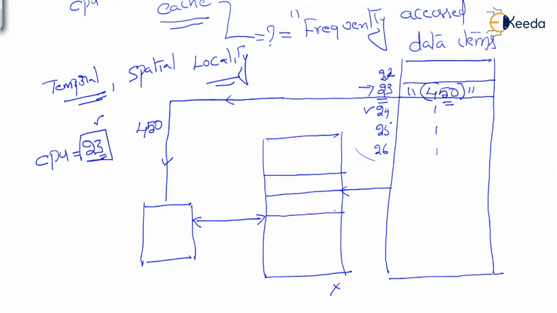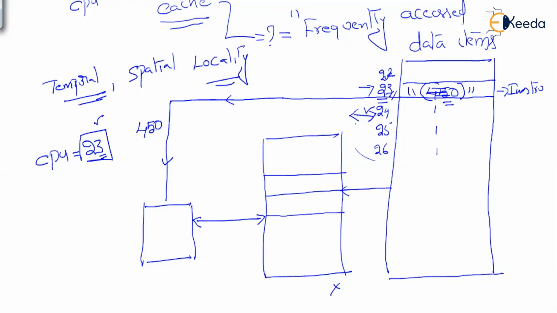After all, let me give you a wonderful idea in this regard. Let us say 23rd is an instruction, not data. It's an instruction of a program. Now when you execute the program, which instruction is going to be executed after 23? Obviously 24. So if you send only 23 to the cache, again for 24 there will be a miss.